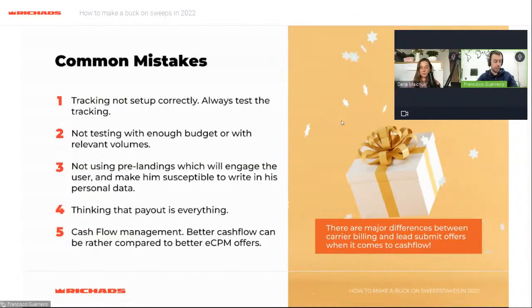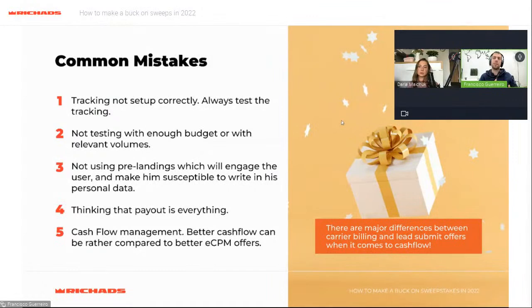Now, why did I say 90% of the time? Well, if you see on the right side of the slide, some countries, especially on tier 3, have a special kind of sweepstake, which is carrier billing. Now, what is carrier billing? Carrier billing is when the user subscribes to something just by clicking accept, and the information is shared directly between the carrier and the advertiser.